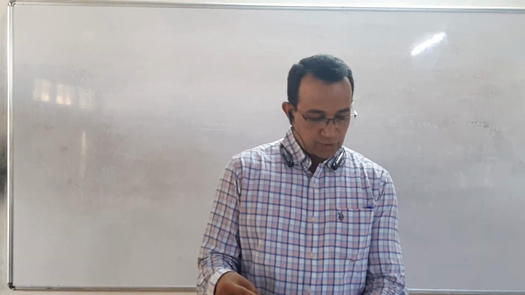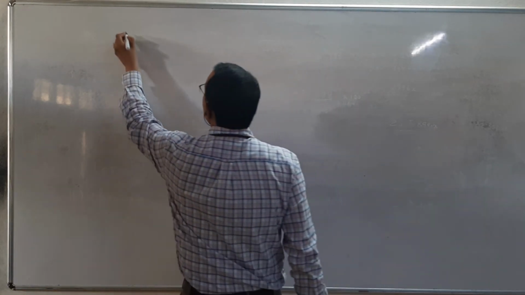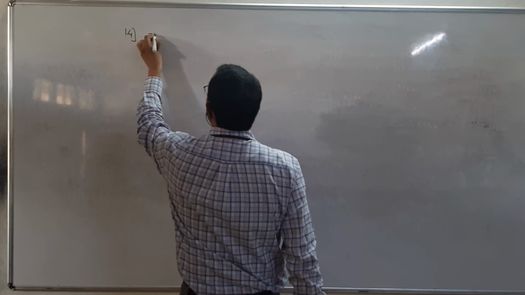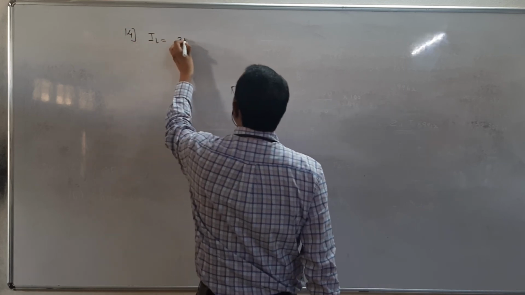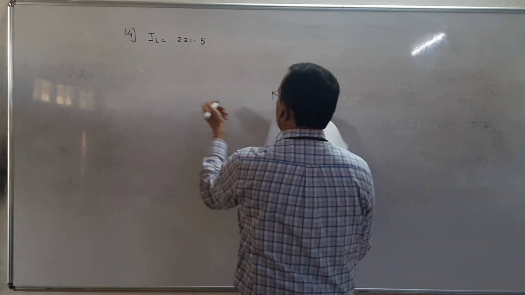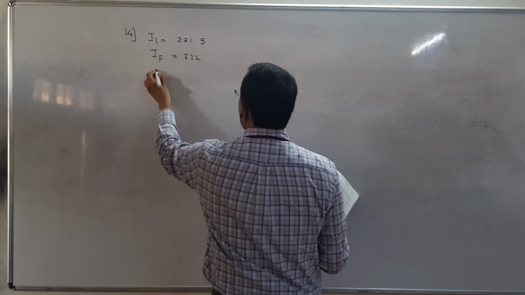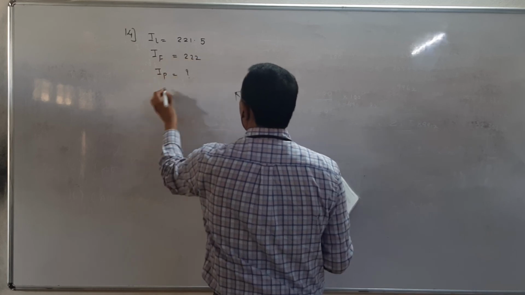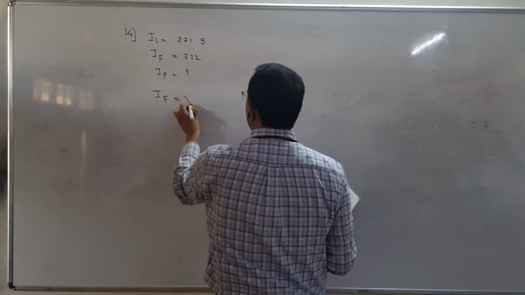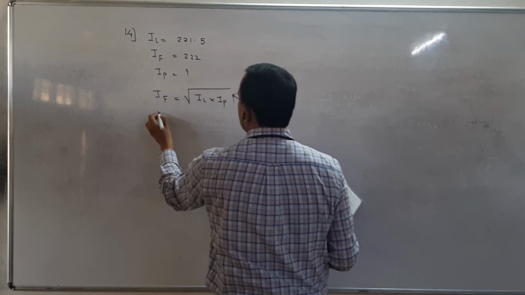Now, students, question 14. IL is 2 to 1.5. IF is equal to 2 to 1.5. Find IP. We use the formula IF is equal to root of IL into IP.